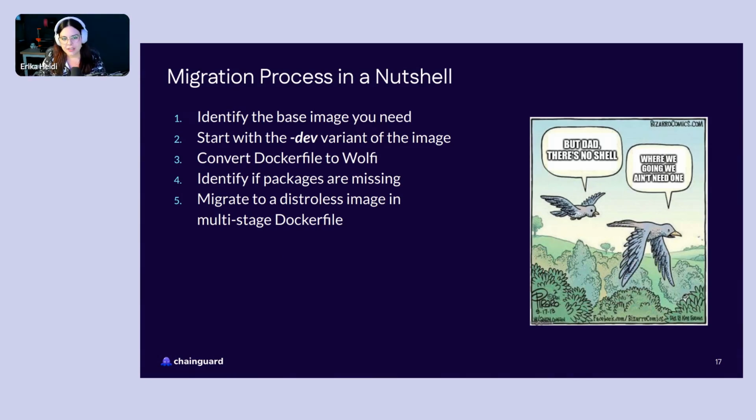The first thing you need to do is identify the base image you need. In this case, if you are on WordPress, then you might use the WordPress image. Of course, it's going to have already what you need, features that are going to make it easier for you to install a WordPress runtime.